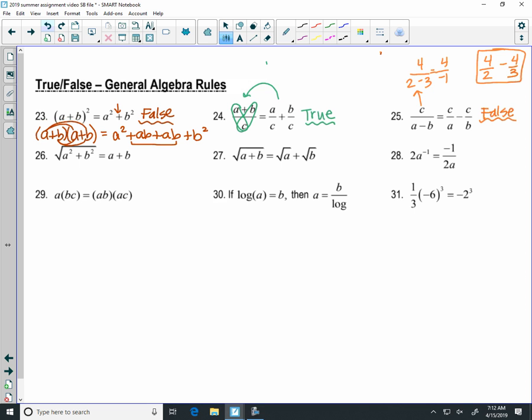If we use 2 and 3, so 2 squared is 4, 3 squared is 9, so that would give me the square root of 13 on the left side. If I put 2 and 3 in for A and B on the right side, 2 plus 3 is 5. 5 and the square root of 13 are not the same, so that guy is false.